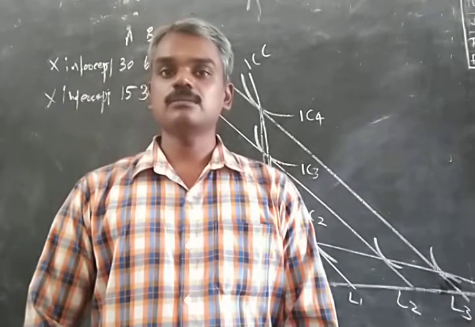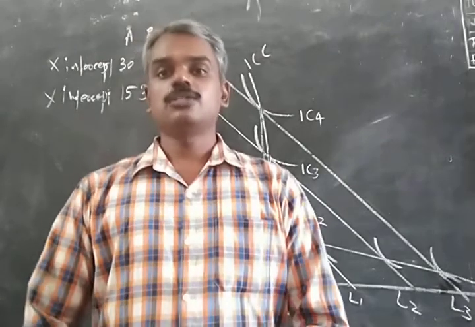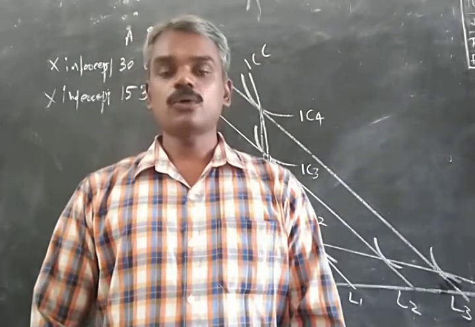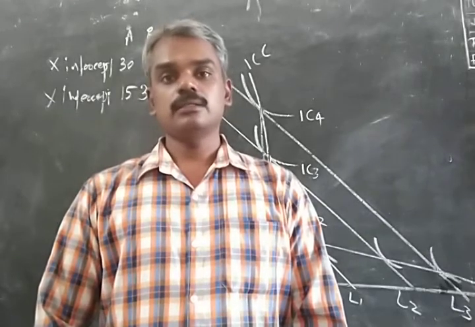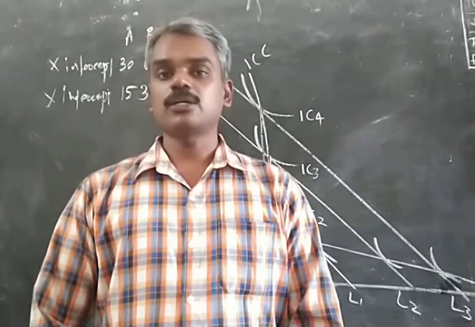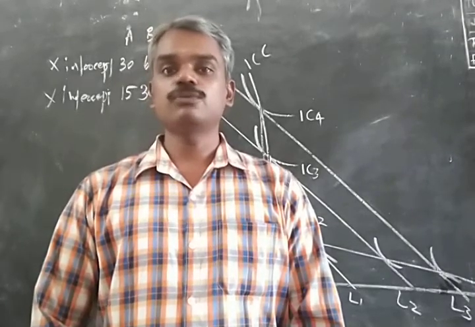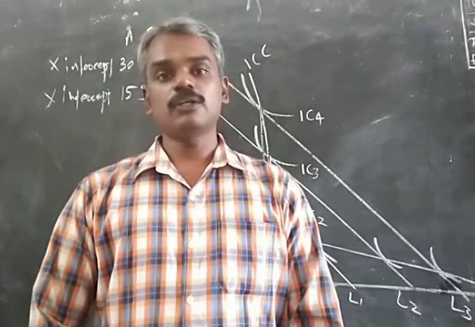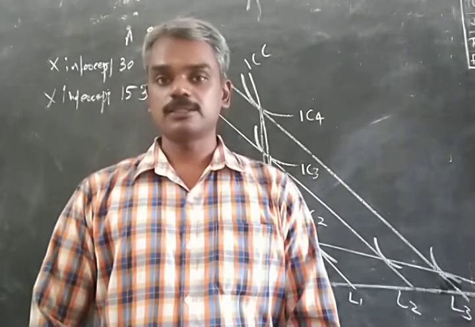When income increases, the budget line shifts outwards, and when income falls, the budget line shifts downwards. And also how the income consumption curve can be derived from the budget line and successive points of equilibrium of the consumer, and how this income consumption curve is useful in differentiating commodities into normal and inferior ones.